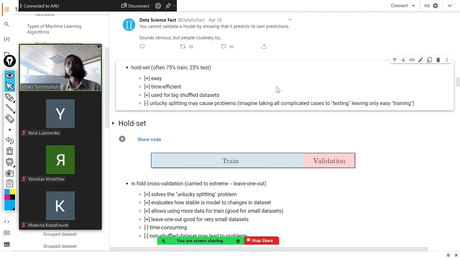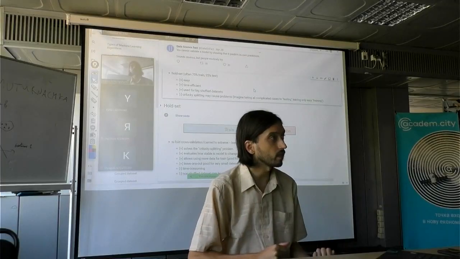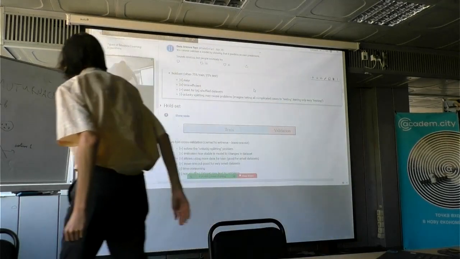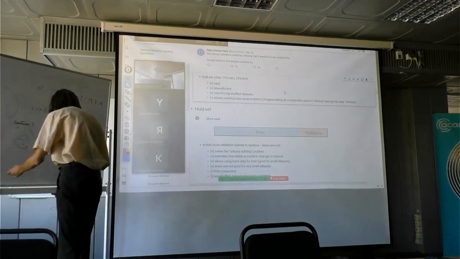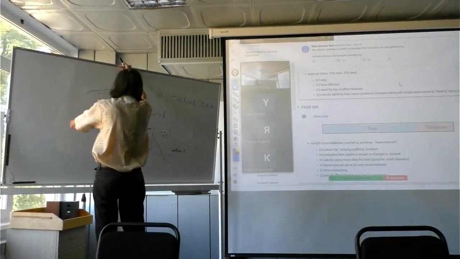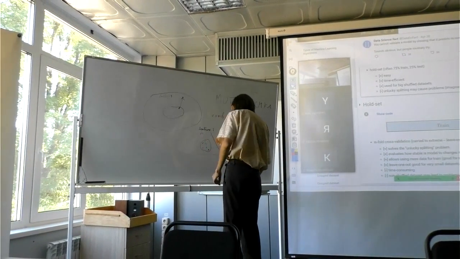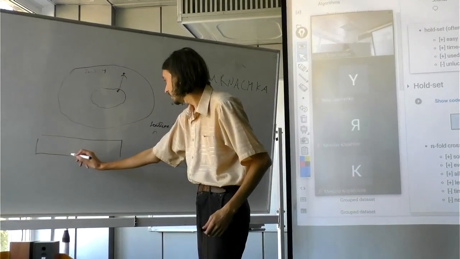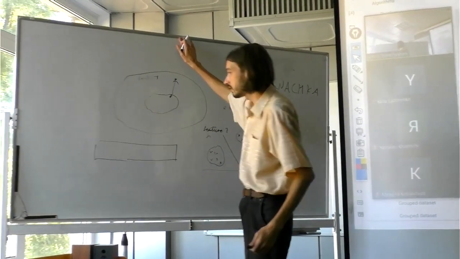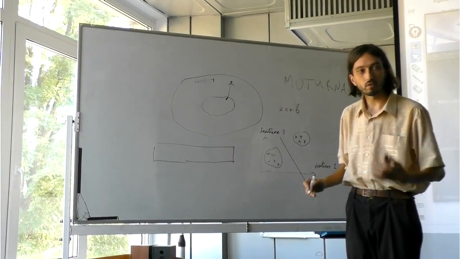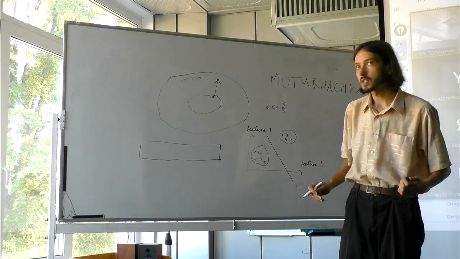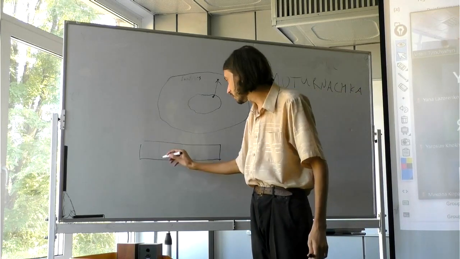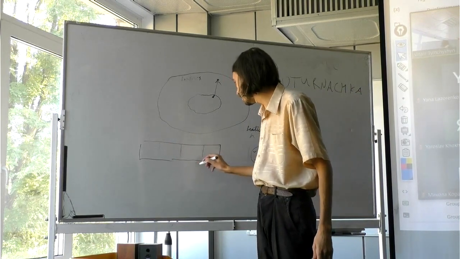If your data set is not well mixed, it may happen that you have your data set, let's say, like this. If it's not shuffled well enough, it may happen that I have, for example, 4 classes in there, some cats, dogs, trees, whatever.